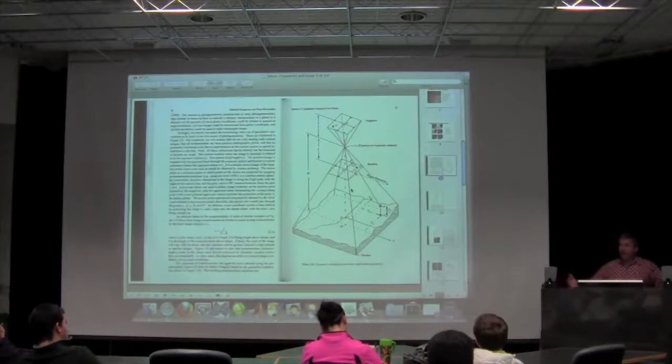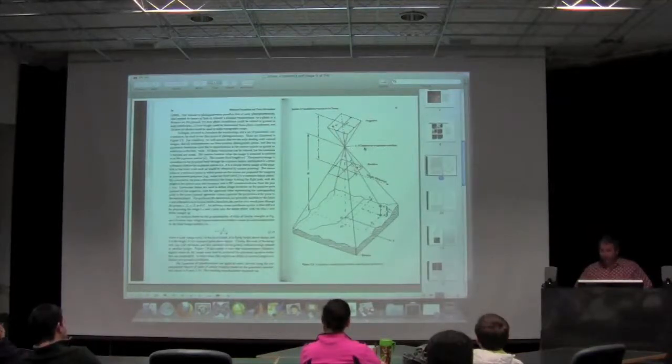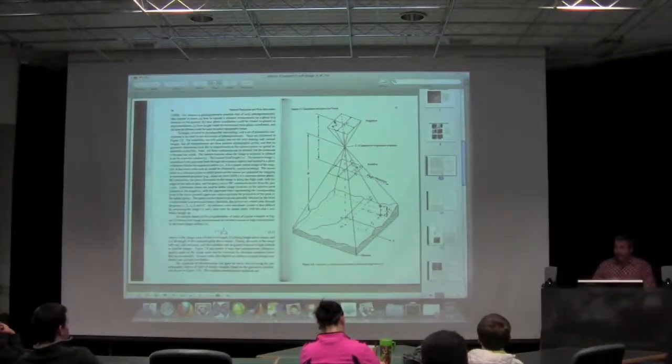Now, if you think about the way an optical system will work, you'll have a lens at this point, L. This is what we usually call the exposure station or the camera position. And you'll get a reversed image on the focal plane, so everything will be backwards from the way you're looking at it on the ground. Well, you could think about the world that way, but what photogrammetrists usually do is turn that focal plane around, reflect it, and make a positive of that on the other side of the exposure station.